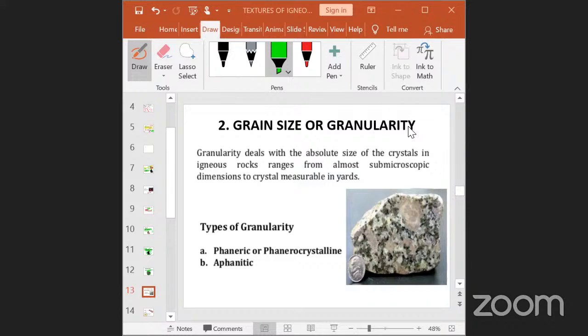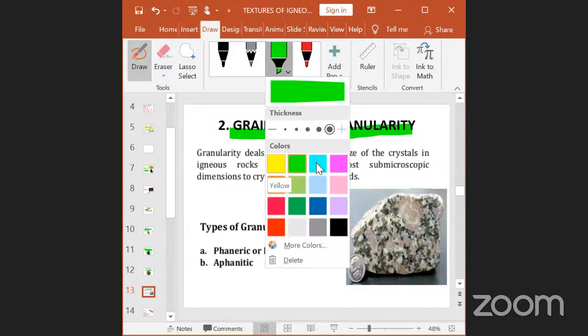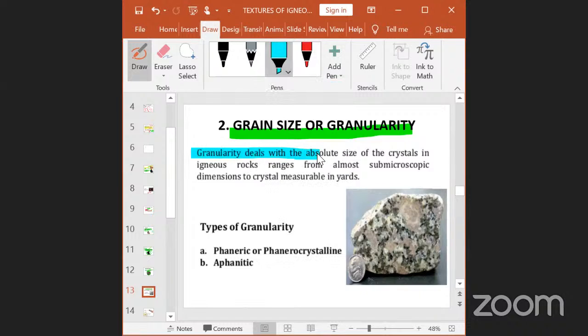Next one is texture based on granularity or grain size. This granularity deals with the absolute size of the crystals in igneous rocks, which ranges from almost submicroscopic dimensions to crystals measurable in yards.